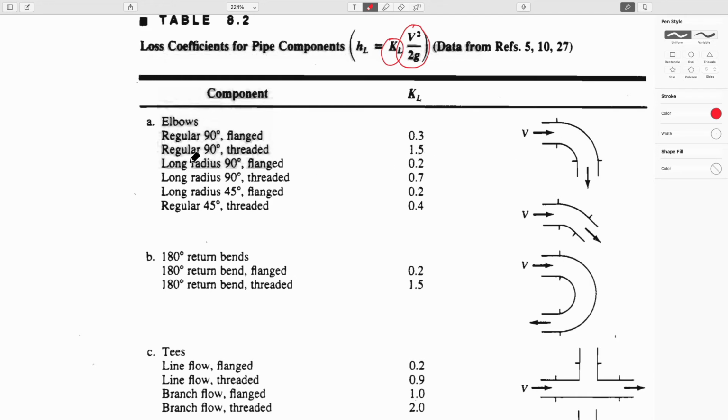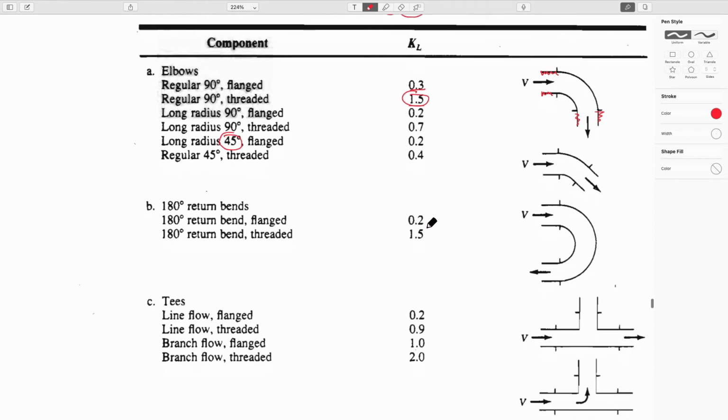So a flanged bend through 90 degrees has a head loss which is smaller than one which is threaded, because you might have threads on the inside that make the flow less smooth. And so you'd expect that this loss is larger, and depends on the radius of curvature, the angle, whether it's 90 degrees or 45 degrees, and so we can get all these values.